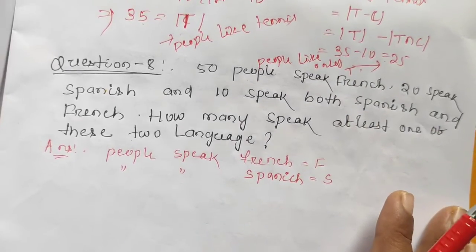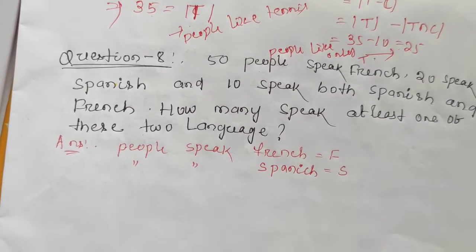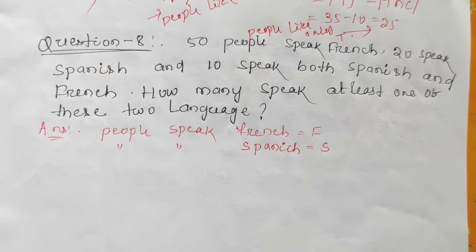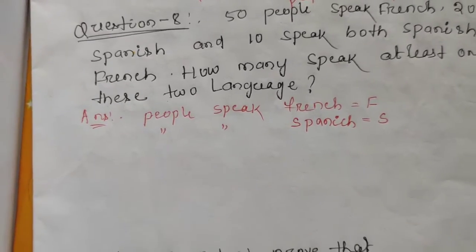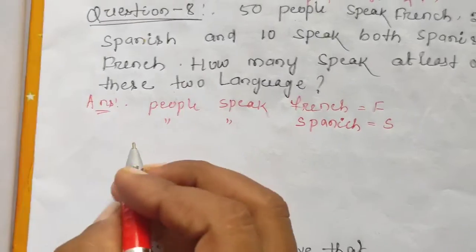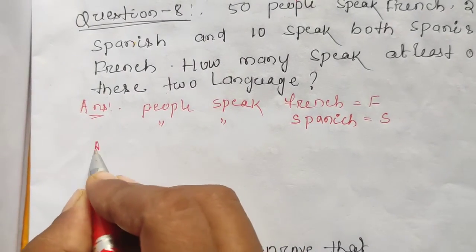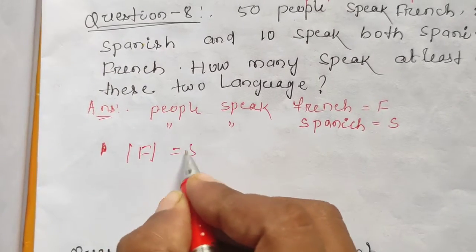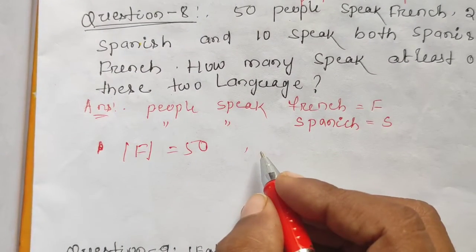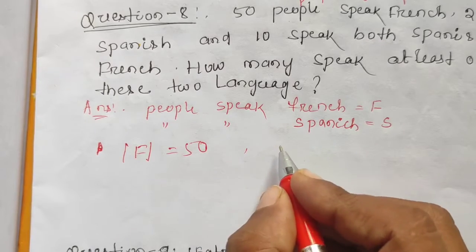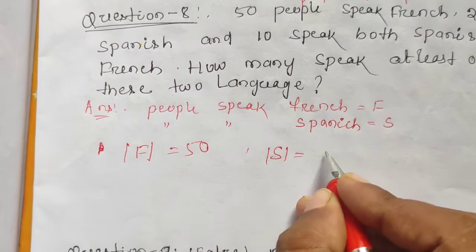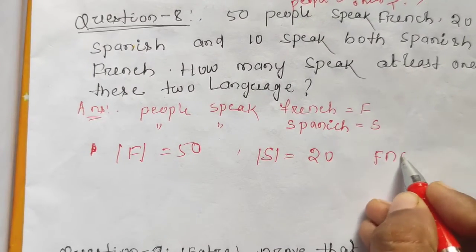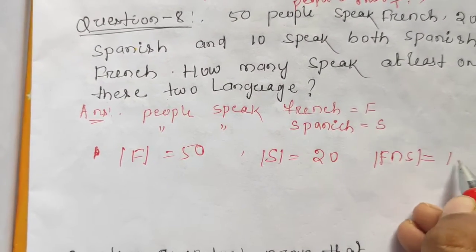Next. 50 people speak French, 20 people speak Spanish, 10 people speak both Spanish and French. How many speak at least one of these two languages? It is given that F mod is equal to 50, 20 speak Spanish, S mod is equal to 20, 10 speak both, F intersection S mod is equal to 10.